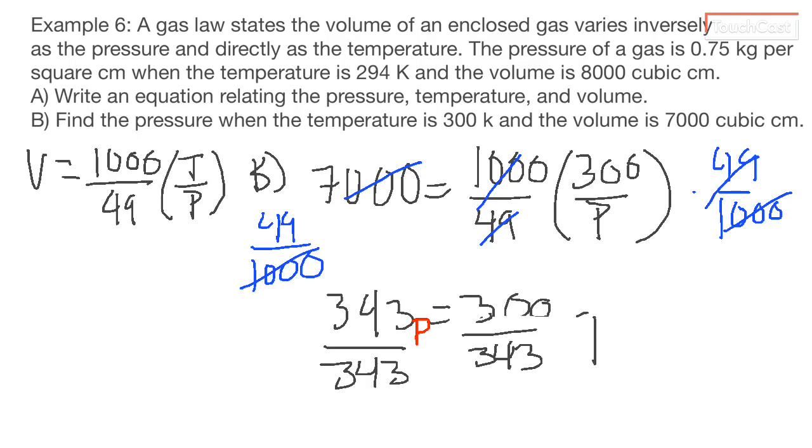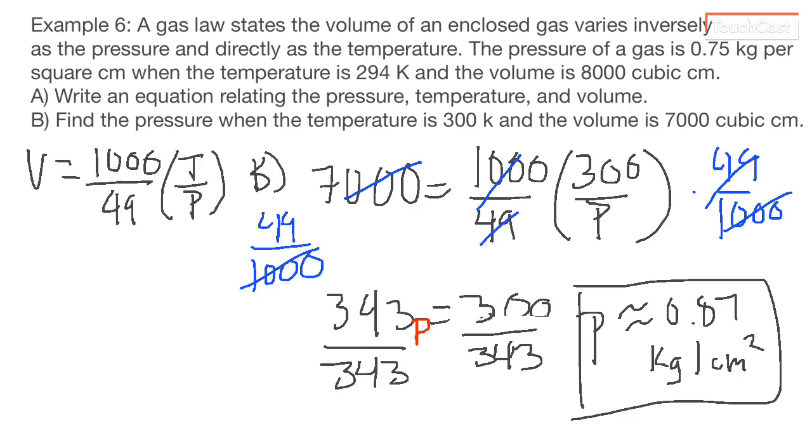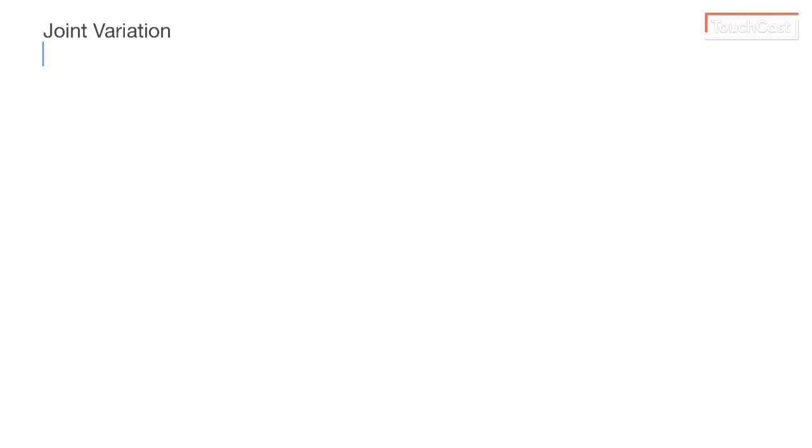And the pressure, if we go 300 divided by 343, is going to be about 0.87 kilograms per square centimeter. And we're done with example 6. We have one more thing to talk about. And what we can say is the statements below are equivalent.